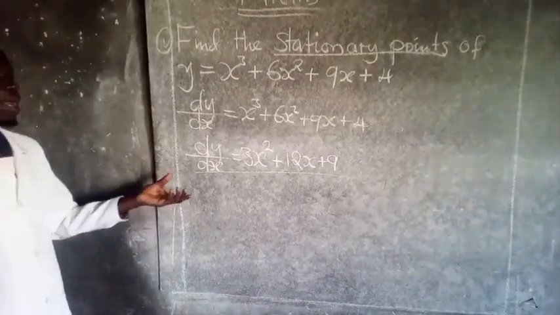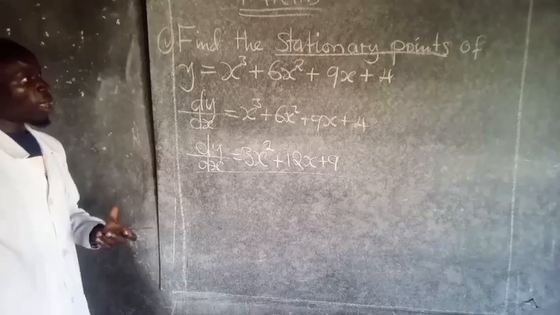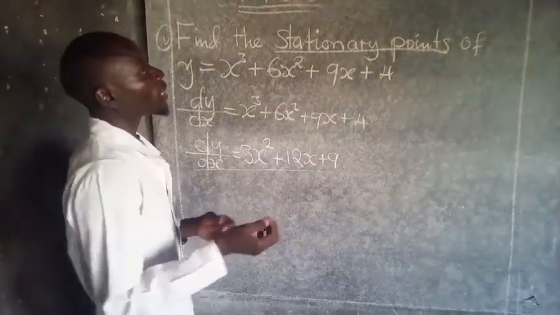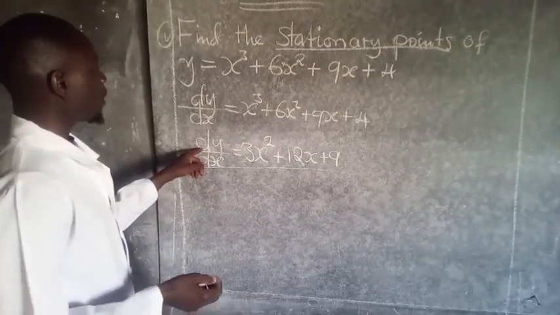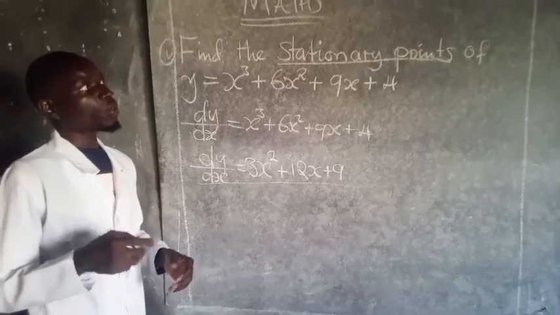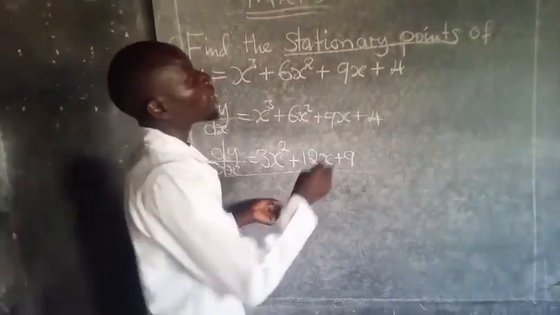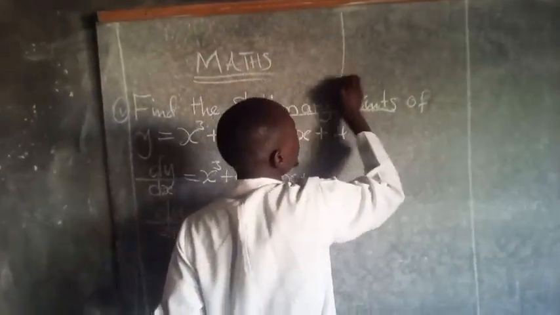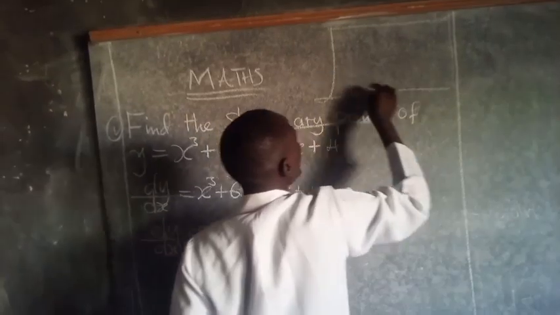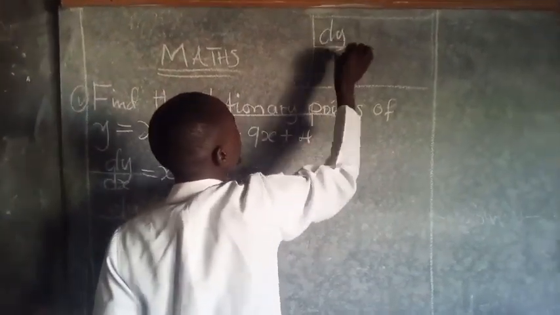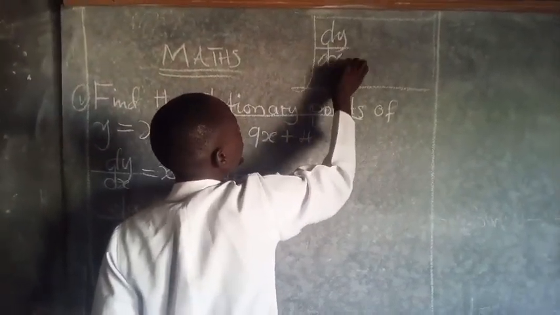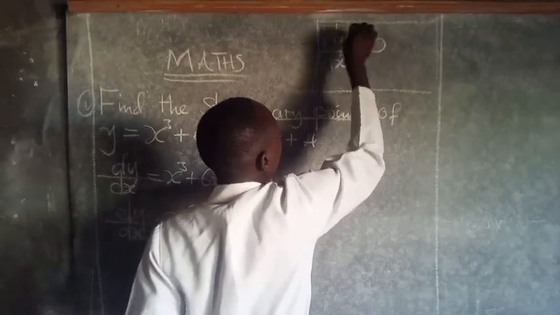Okay, so now apart from this, I'm pretty sure that you remember last time I said that when we talk about dy dx, we are talking about the slope. So we know dy by dx is equals to 0.